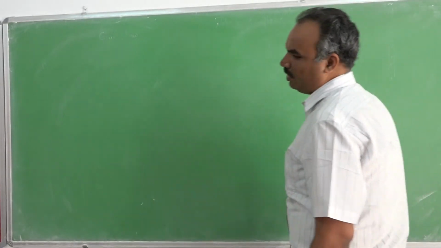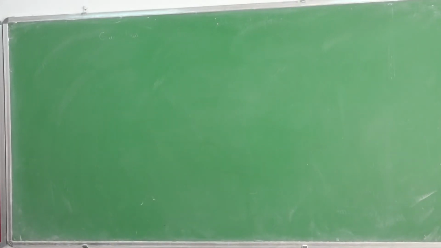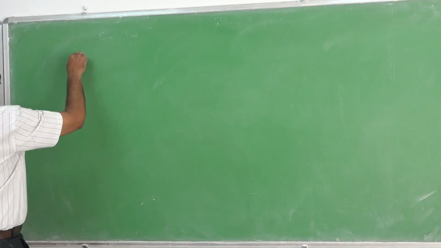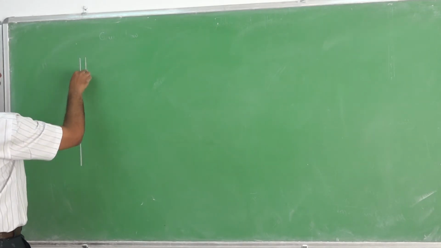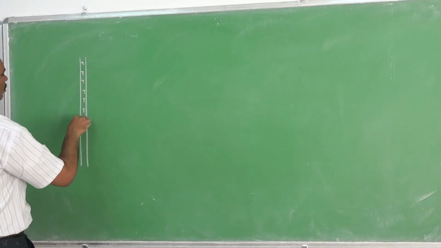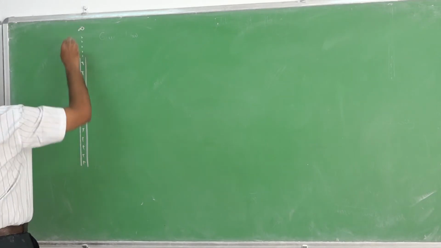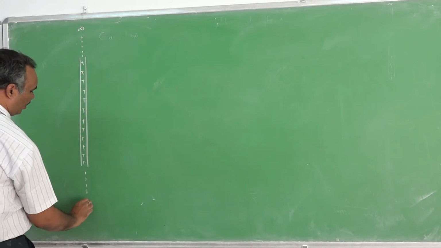To avoid the tedious calculation, we need to consider the infinite line of charge like this. The charge is distributed uniformly on its surface like this. It is extended up to positive infinity, it is extended up to negative infinity.